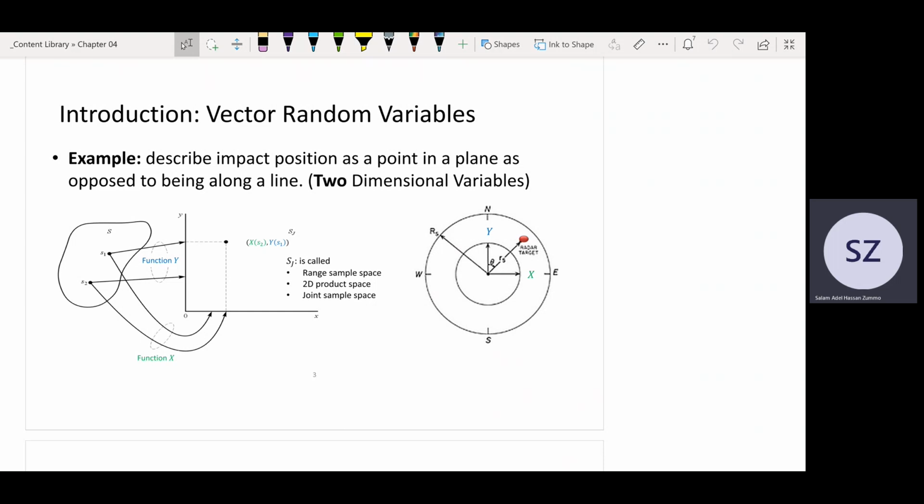You need something that describes a point in a plane, so you need an xy coordinate. In order to describe where your bullet will land every time you shoot, you need an x-axis coordinate and a y-axis coordinate. So every time you shoot, the outcome of the experiment will be a point in a plane, described by two parameters, the x coordinate and the y coordinate.